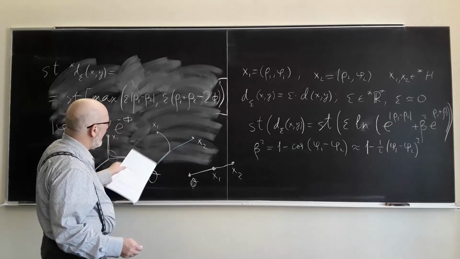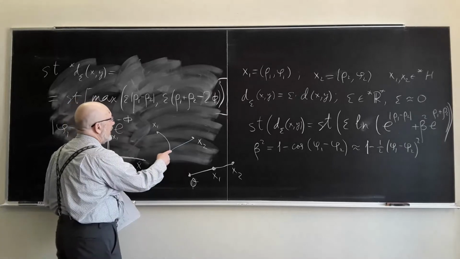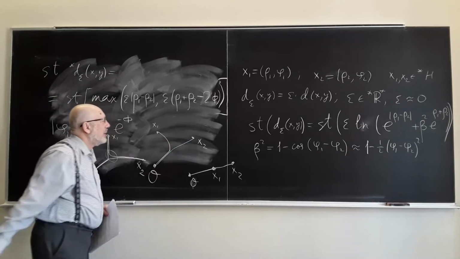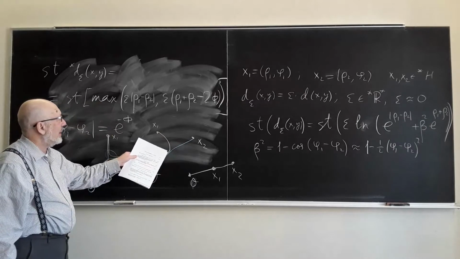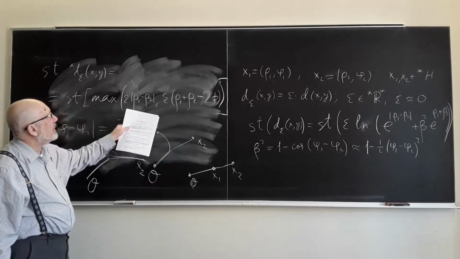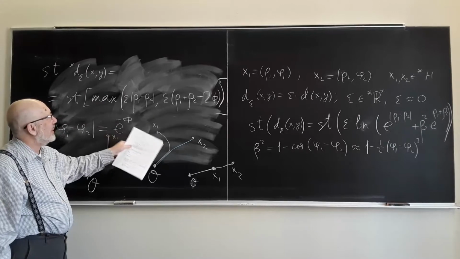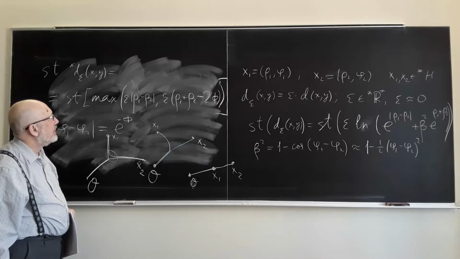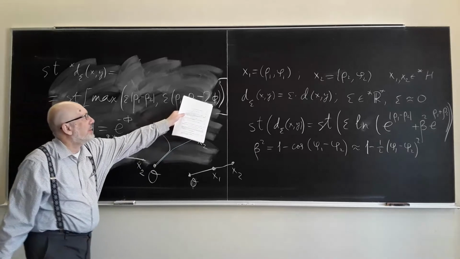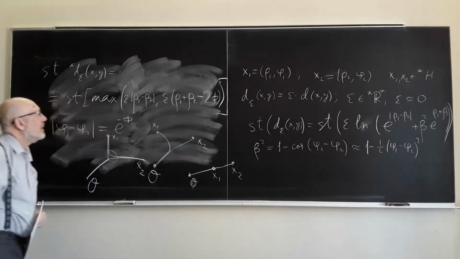Otherwise, we have this picture, so they diverge at some distance from x1 and x2, and this is reflected by this phi.